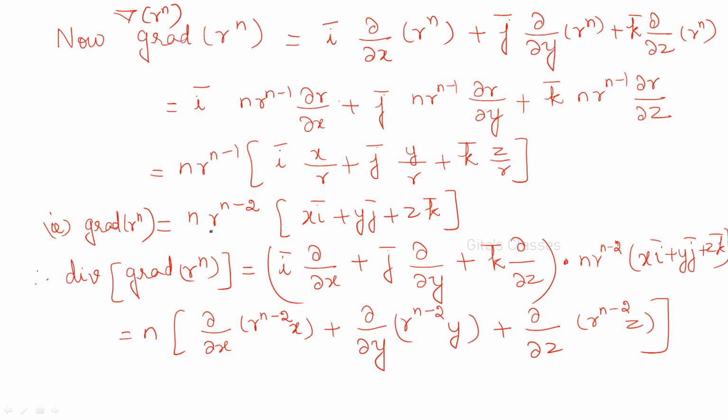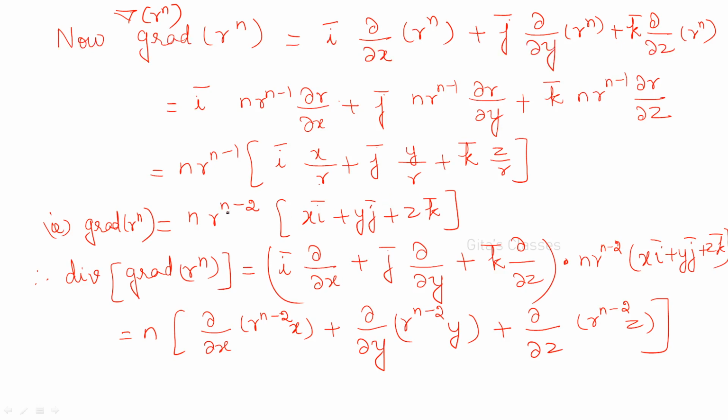Gradient of r to the power n. In all the three terms I have r in the denominator, I can take it outside. So r to the power n minus 1 will become r to the power n minus 2. So the gradient of r to the power n is n into r to the power n minus 2 into xi plus yj plus zk. Now for the divergence, we have one vector. This is of the f1 i plus f2 j plus f3 k form.